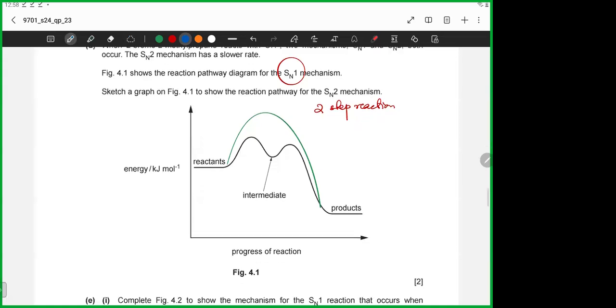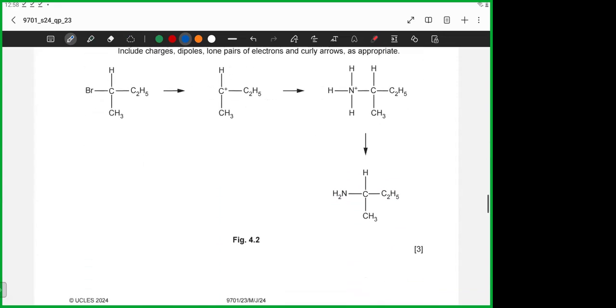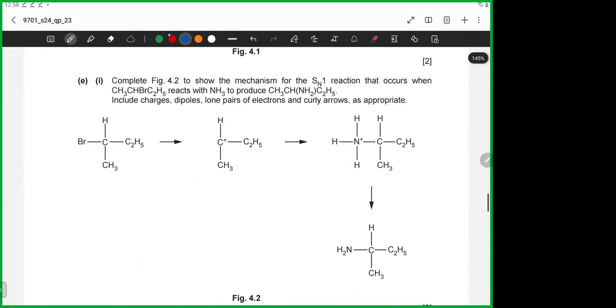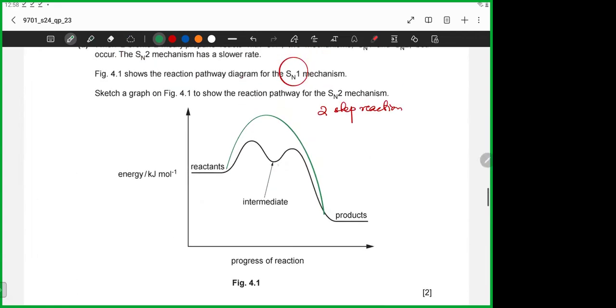That's going to be your SN2 mechanism. And he's asking you to figure out the SN1 mechanism that's shown. SN1 was the two-step reaction.